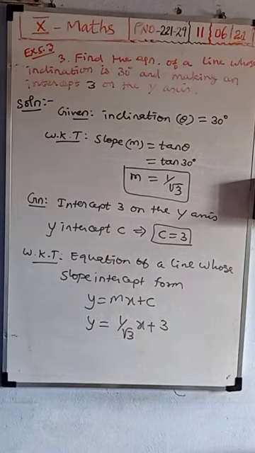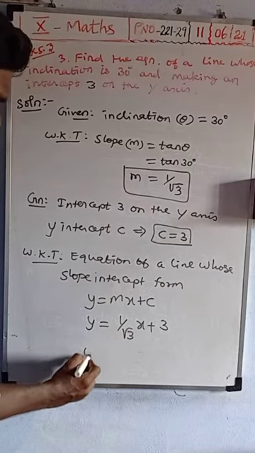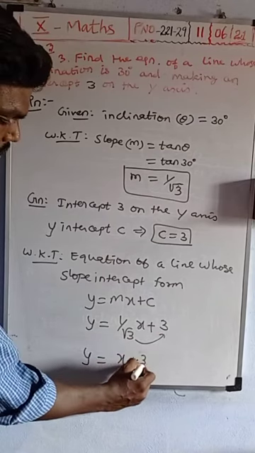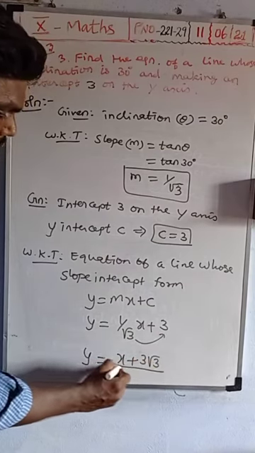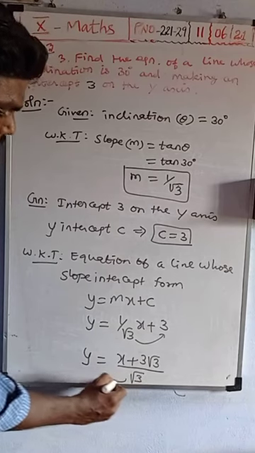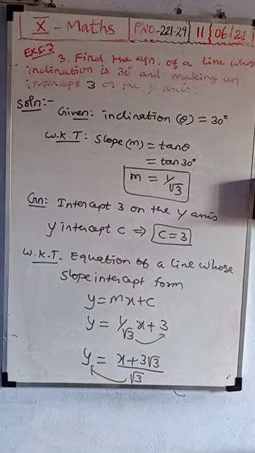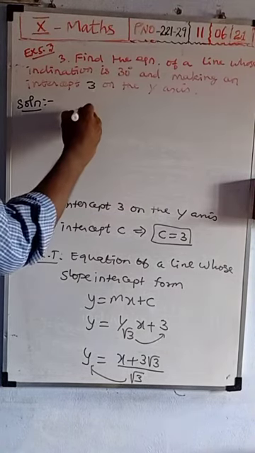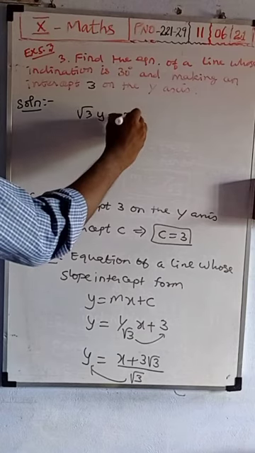Instead of m you substitute and c you substitute. Now simplify this. y is equal to, here root 3 take LCM, so x plus 3 root 3 by root 3. So this division by root 3 on this side goes to multiplication. Therefore root 3y is equal to x plus 3 root 3.